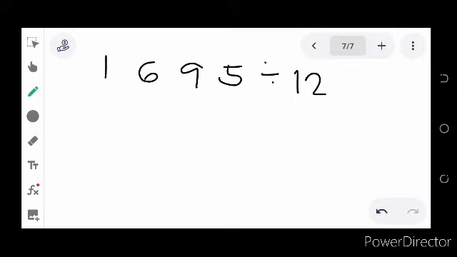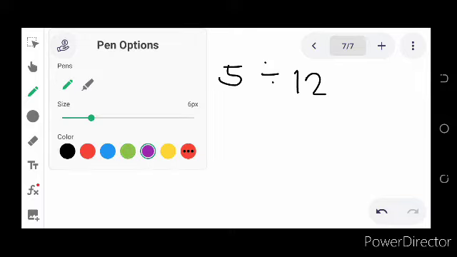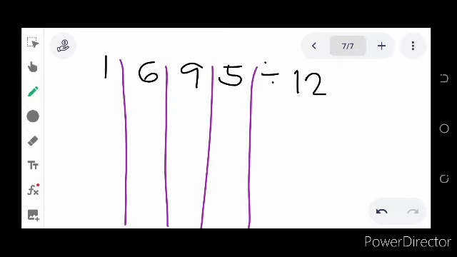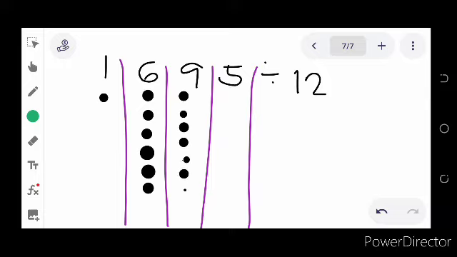Next, for our last example, we have 1,695 divided by 12. So divide this into columns. 1, then 1, 2, 3, 4, 5, 6. Then you have 1, 2, 3, 4, 5, 6, 7, 8, 9.